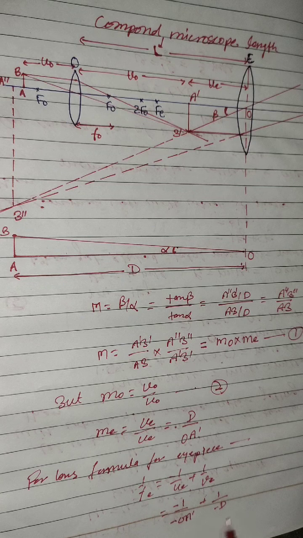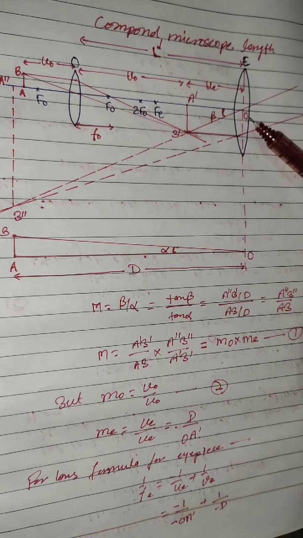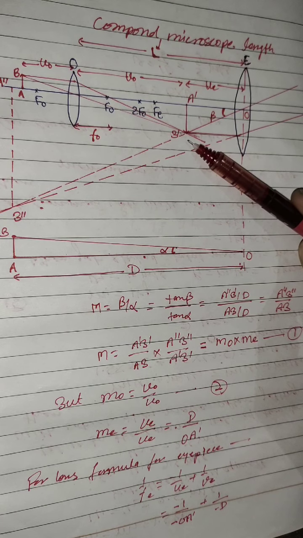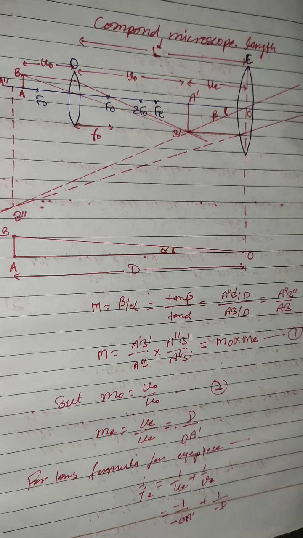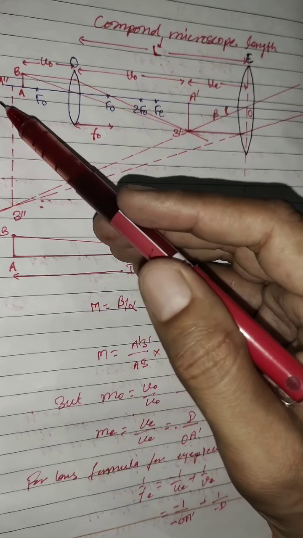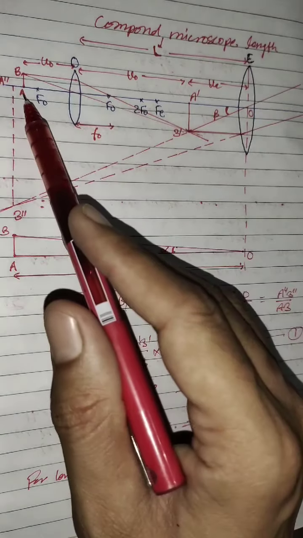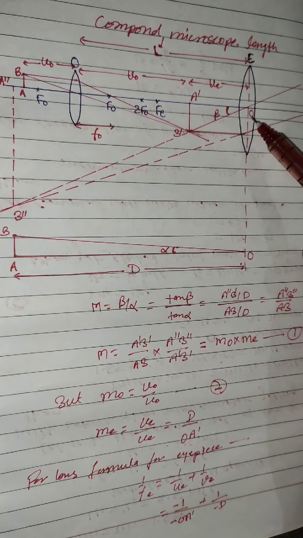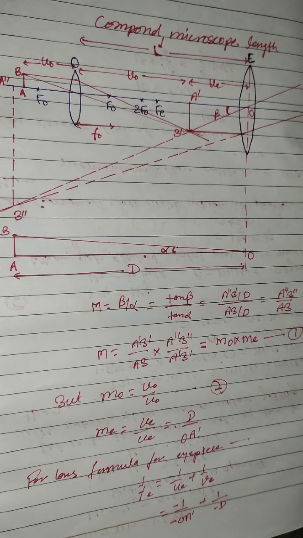Here if we apply sign convention and put the values, then ue is equal to oa dash, because oa dash is a virtual object, and ve is equivalent to minus d, because the final image, meaning the image produced by the eyepiece, is virtual as well.